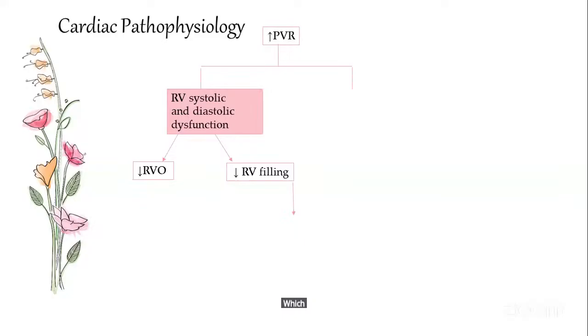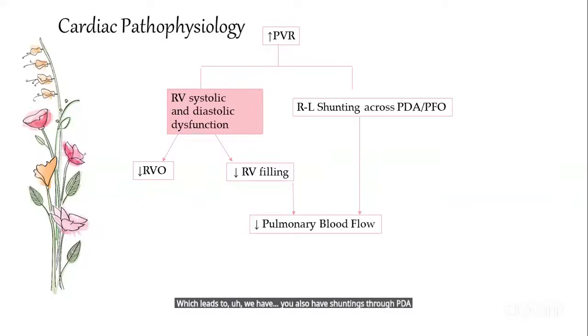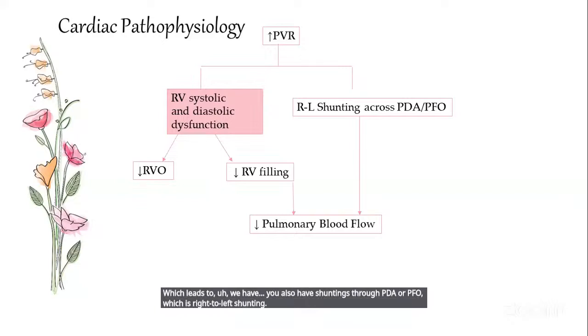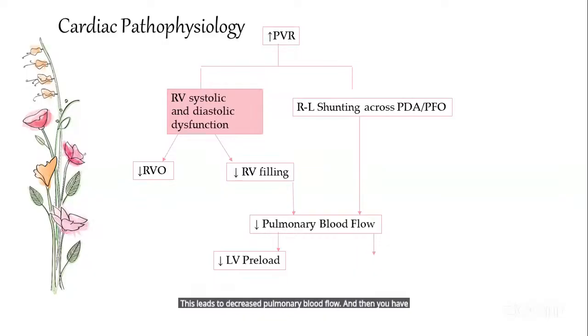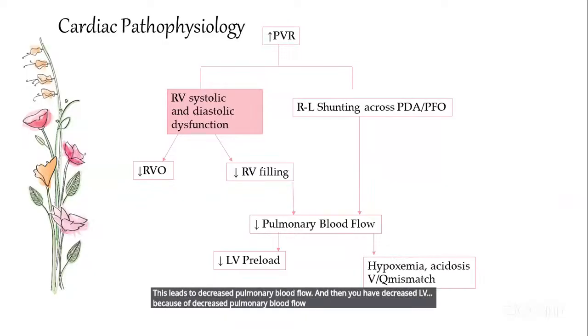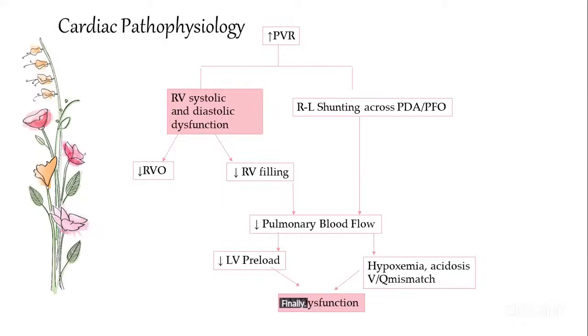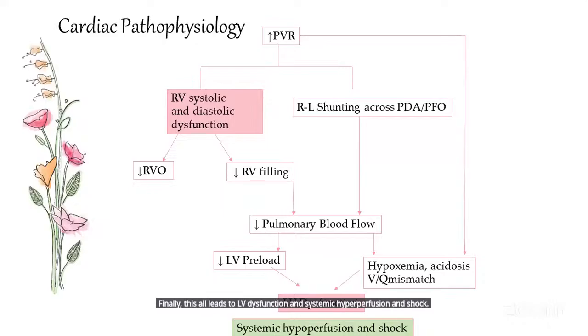You also have shunting through PDA or PFO, which is right to left shunting because your pulmonary resistance is high. This leads to decreased pulmonary blood flow, and then decreased LV preload because of decreased pulmonary blood flow. This leads to hypoxemia, acidosis, VQ mismatch. Finally, this all leads to LV dysfunction, systemic hypoperfusion and shock. So you need to break this vicious cycle when you're managing a child with PPHN.